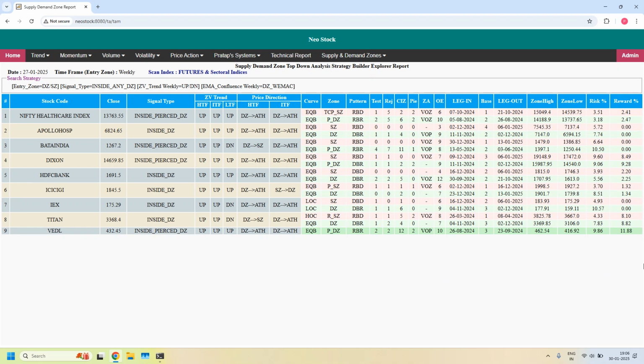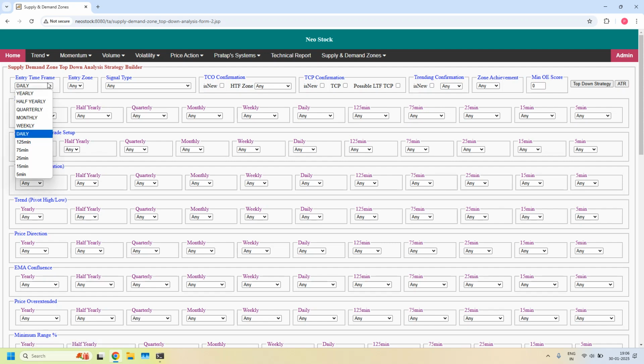Some of these weekly demand zones are pierced zones. You can apply pierced strategy on those zones. Remaining stocks, you can plan trades as per your trade setups, whatever the comfort you have. Okay, this is about price closed inside the weekly demand zone.